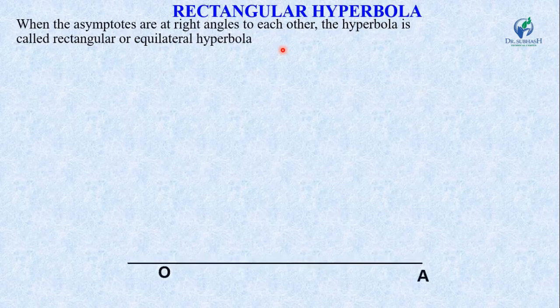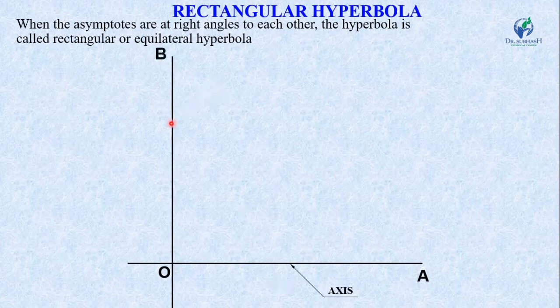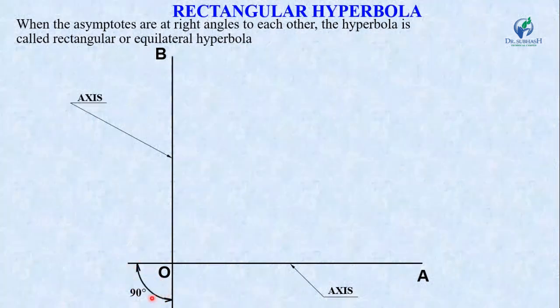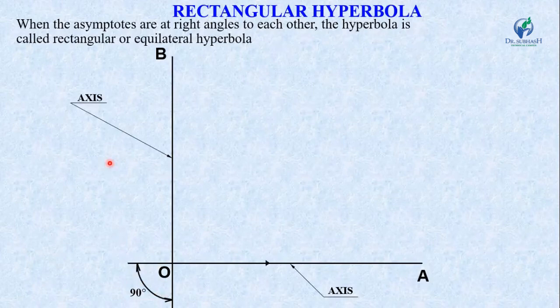So for that, if the two coordinates x and y are given, first of all draw an x-axis OA, and another axis OB. Both are perpendicular to each other, at a 90-degree angle. Now as per the given data, mark a point at a distance of x on this axis OA.